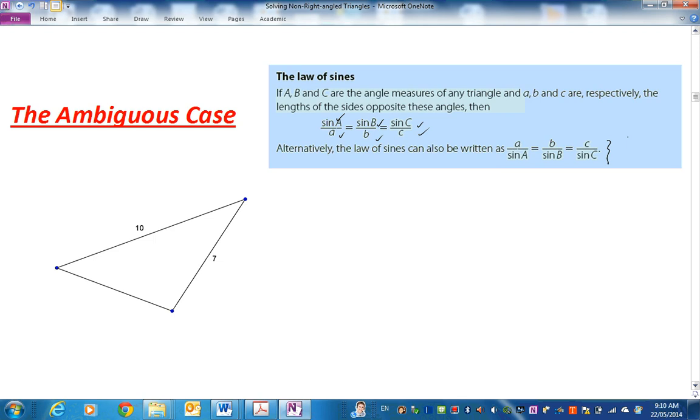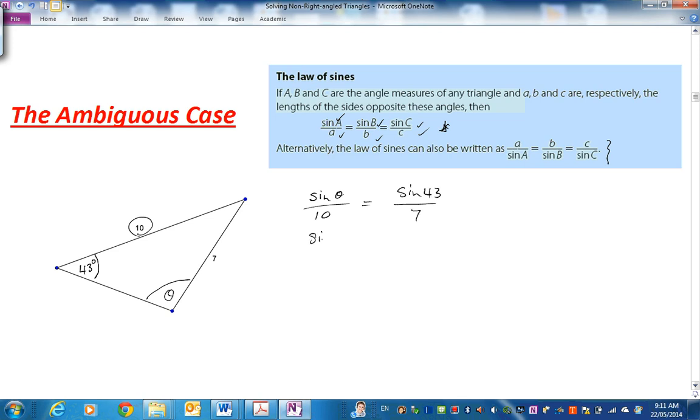Now, this little section here is called the ambiguous case. So if, for example, I gave you 43 degrees there, and we tried to work this out using the rule like that to find an angle. Let's try to find this angle, because we've got its side opposite. So we could say, let's say that's theta. Sine theta over 10 is equal to the sine of 43 over 7.